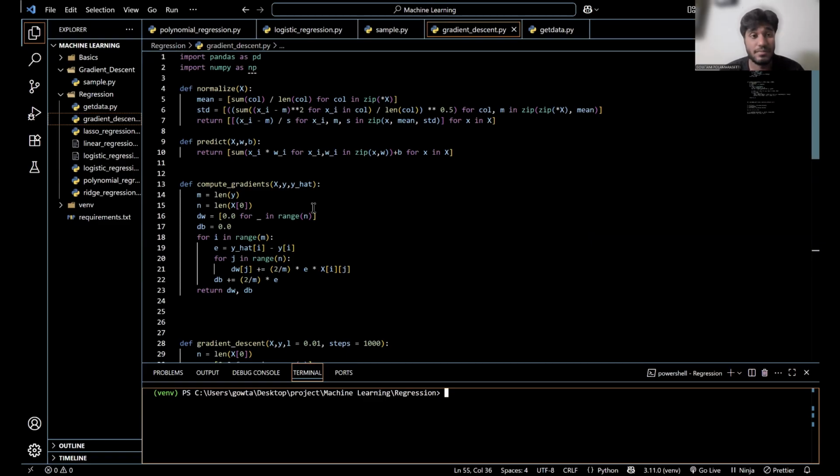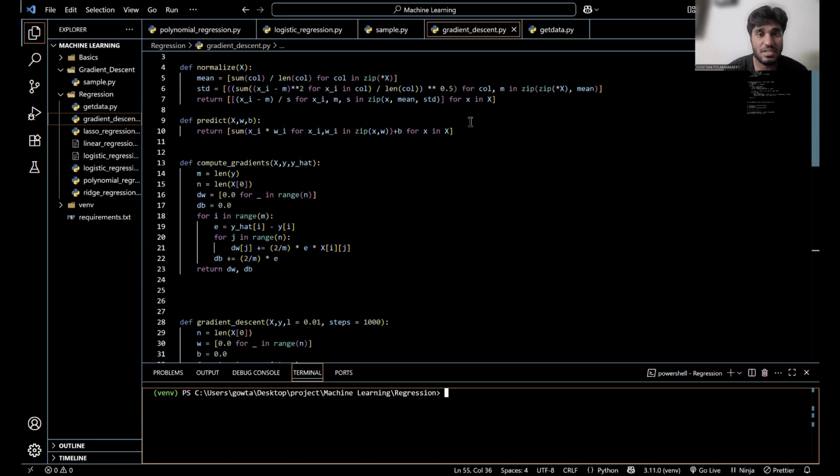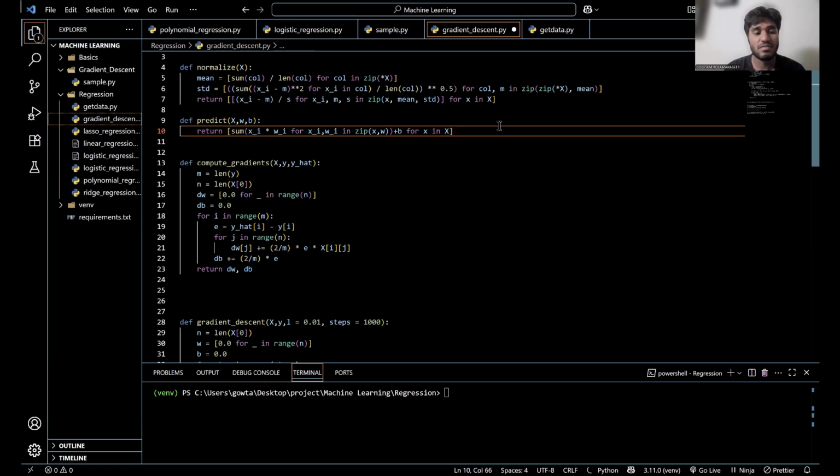Now let's look at code for linear regression using gradient descent. Here we wrote a normalization function which gives the normalized feature list as an output. This is the prediction function, which gives the output based on the feature list by calculating the linear combination of the weights, the feature list and the bias.